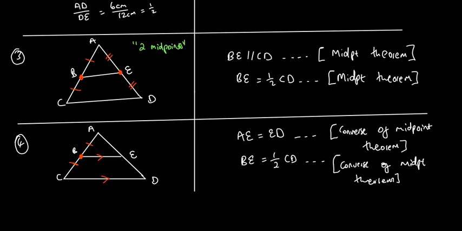We are saying converse because we have one midpoint and a pair of parallel lines. So if you have one midpoint and parallel lines, that is the converse. But if you have two midpoints that are joined together, you say it is the midpoint theorem. I hope that is clear.